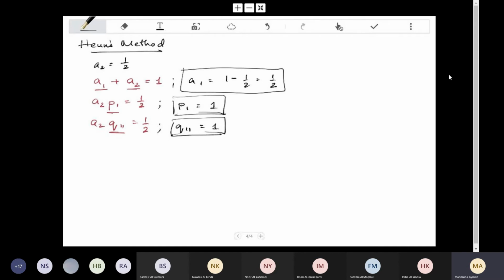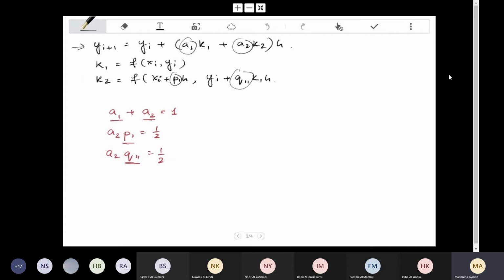Now if you replace these values of a1, p1, q11 and a2 in the general formula, you get the formula as y i plus 1 is equal to y i plus half times k1. If you remember the general formula again, we have a1 times k1, a2 times k2.